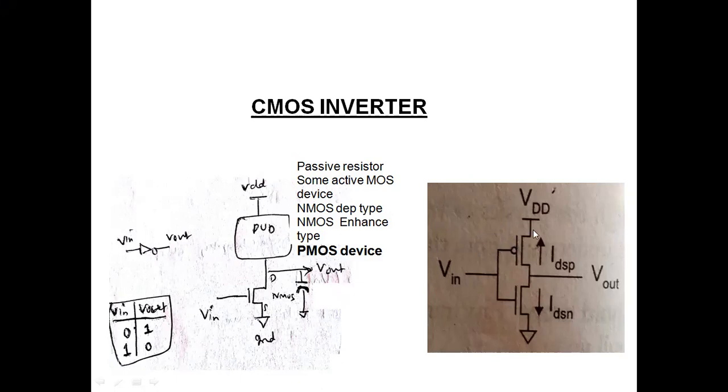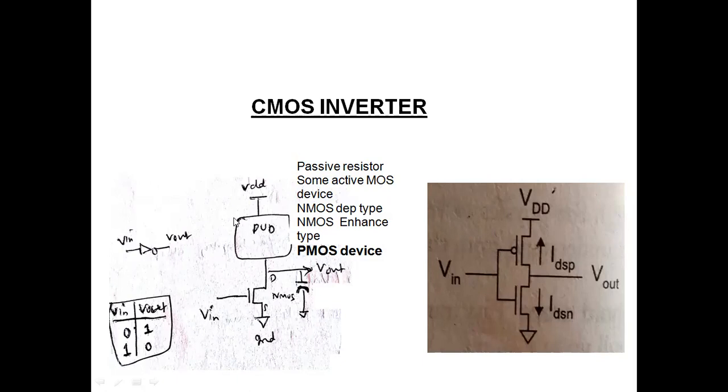Even in the PMOS place I can use another device as well. That device could be, I can go for this passive resistor as the pull-up device, or I can go for MOS devices, namely NMOS depletion type device can also be used in this PMOS place, or I can go for NMOS enhancement type device can also be used, right?